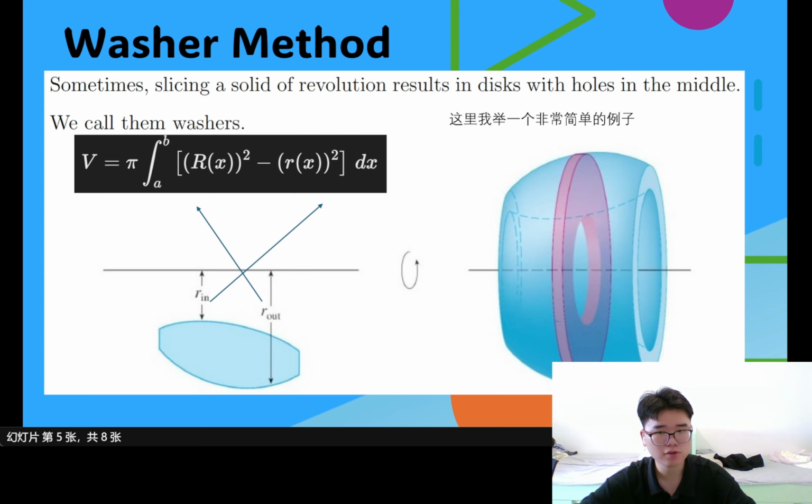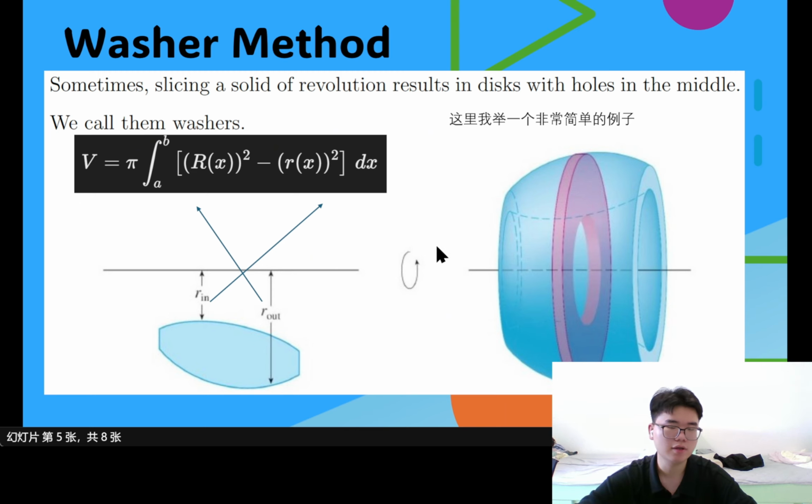In this case, we cannot simply use the disk method to calculate the volumes because the disk method assumes the entire solid is solid. Instead, we need to use the washer method by integrating the sum of the volumes of all the washers. This way, we can calculate the volumes of such solids with a hole.